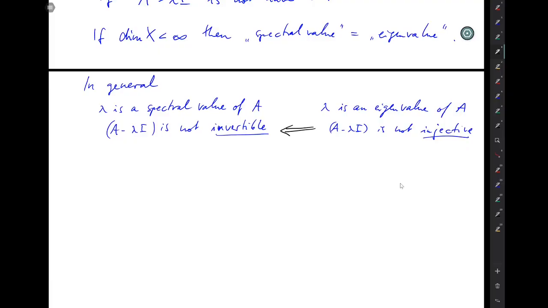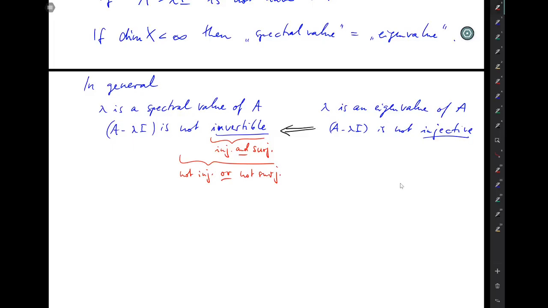So let's try and understand that. Invertibility means injectivity and surjectivity, right? So not invertible must mean you're not injective or not surjective.